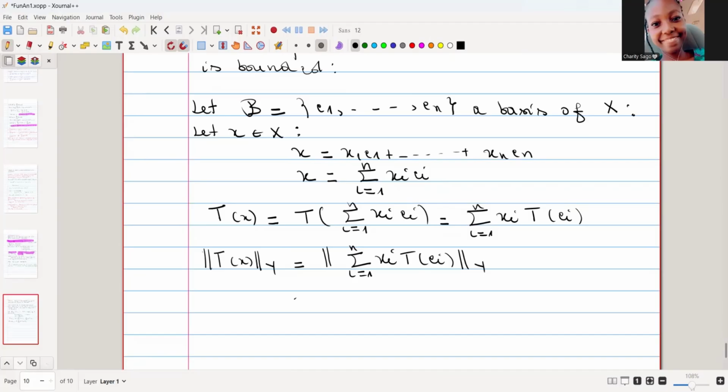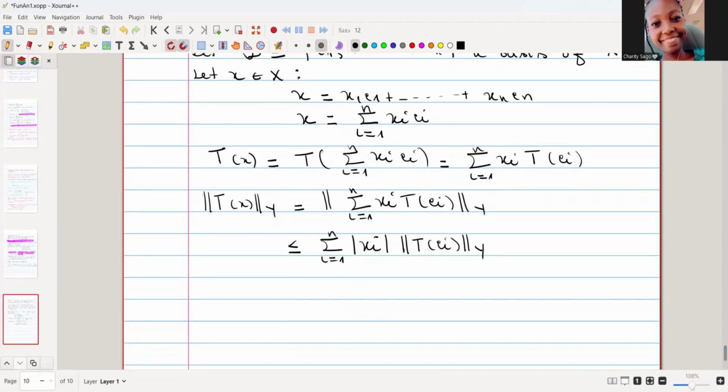So this is less than the sum from i to n of the absolute value of xi times the norm of T(ei). I hope that you understand. And this is less than a constant M times this sum.